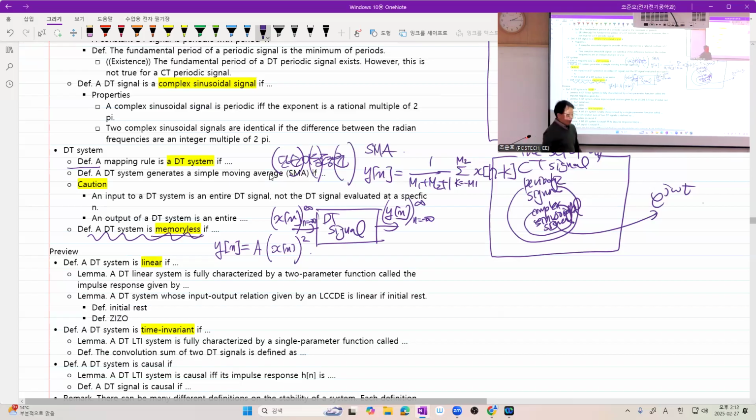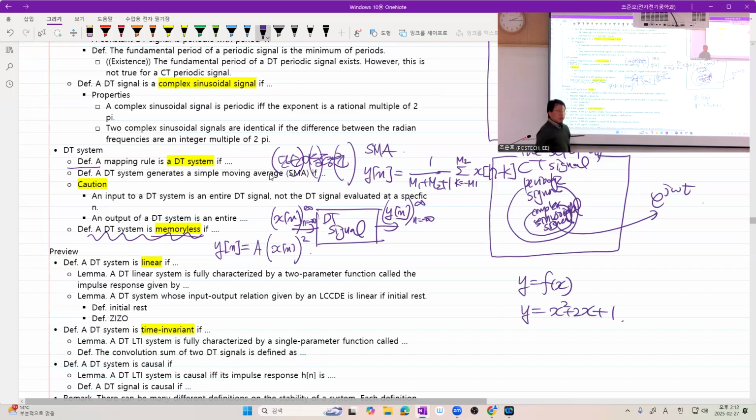By the way, we've learned a lot of mapping rules throughout our education. When we were middle schoolers or elementary schoolers, we really studied a kind of memoryless system. For example, in our middle school math, we usually thought about something like this, especially polynomials.